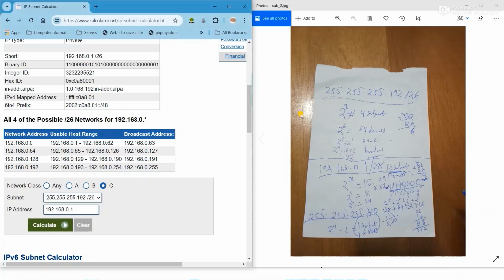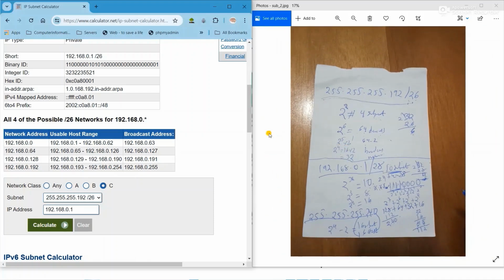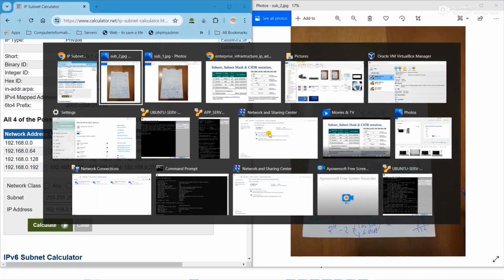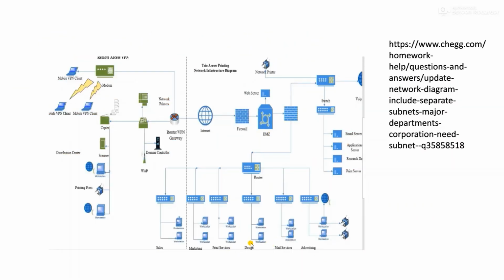If you take the case of the sales department and the design department, this is one network address, this is another subnet, and this is another subnet. That's the essence of the network address. All the devices here start from the range it has given, 0 all the way to 63. Then the next one is 64, so it starts from 65 all the way through the next 64 addresses.